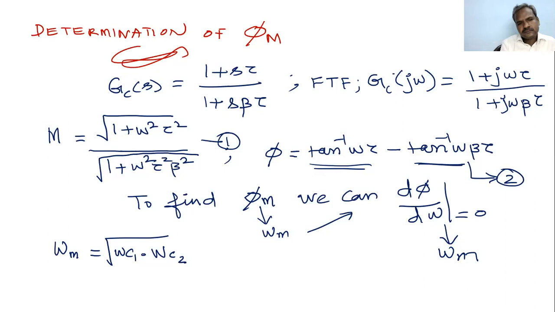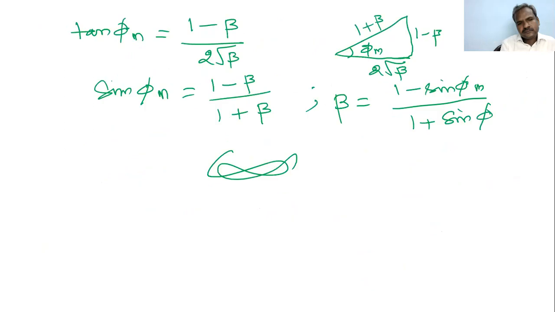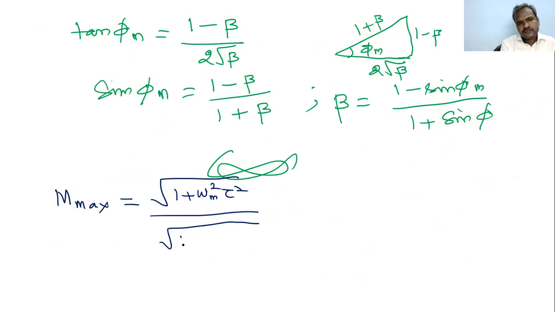We can have M maximum equal to square root of 1 plus omega m square tau square divided by square root of 1 plus omega m square tau square beta square. We know that omega m equals 1 by tau square root of beta. So substitute here.